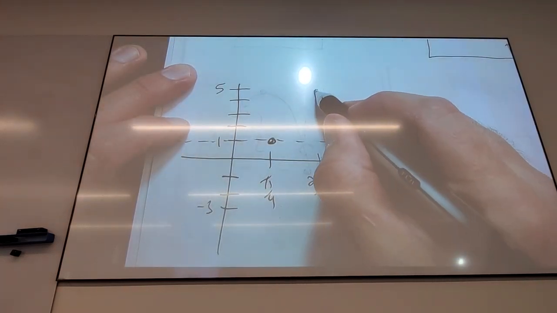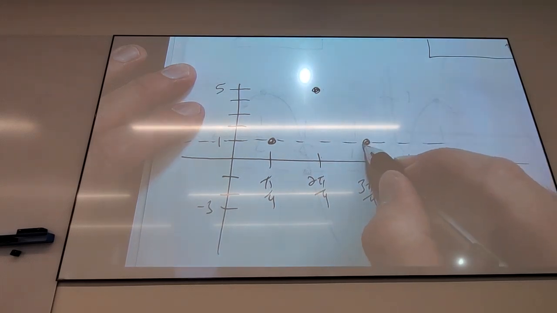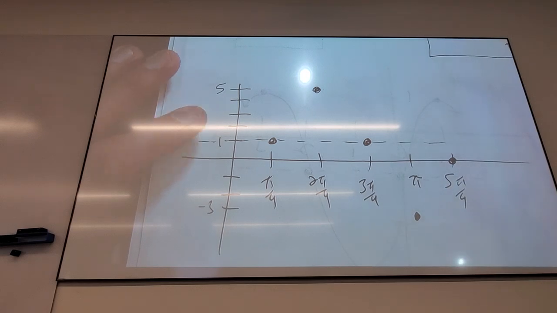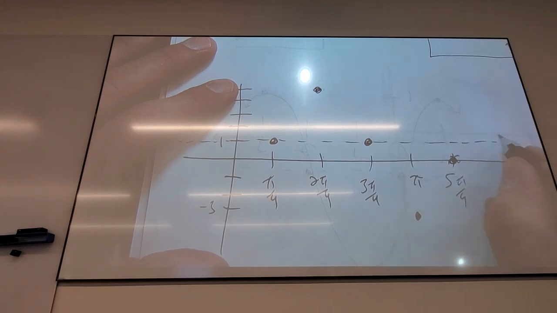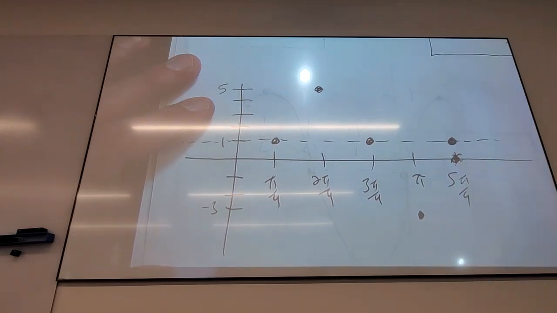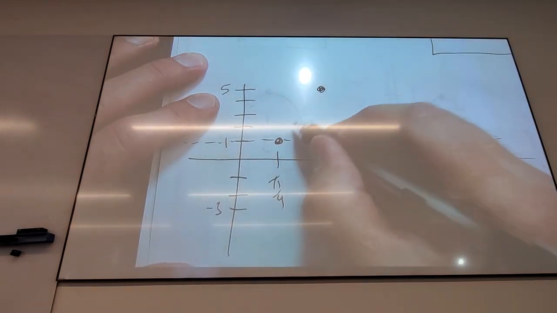Up to the max, back to the middle, down to the min, back to the middle. That's what sine does. Oh, thank you. I didn't make this long enough. And now you can just fill it in.